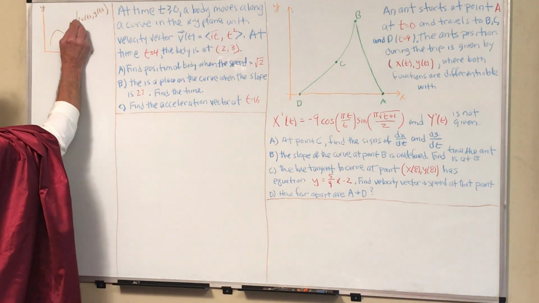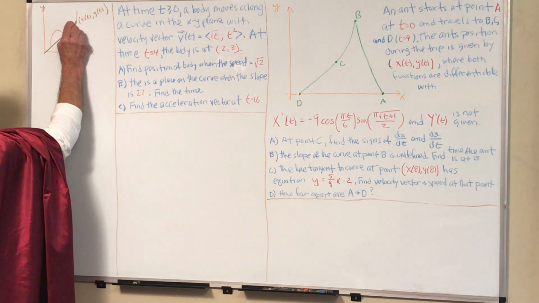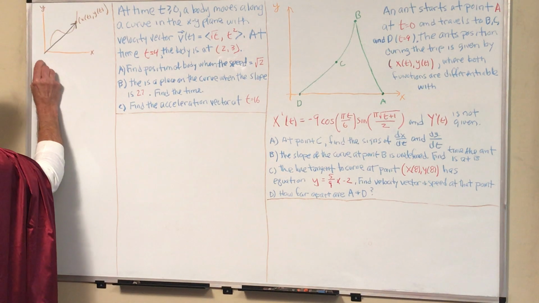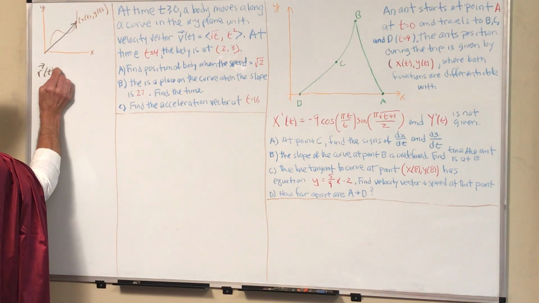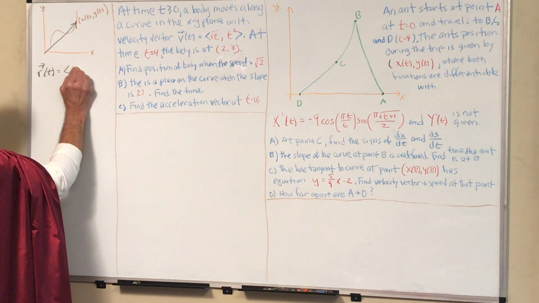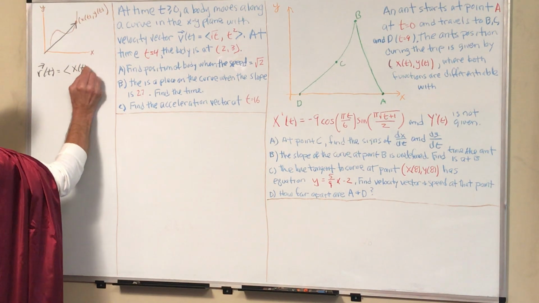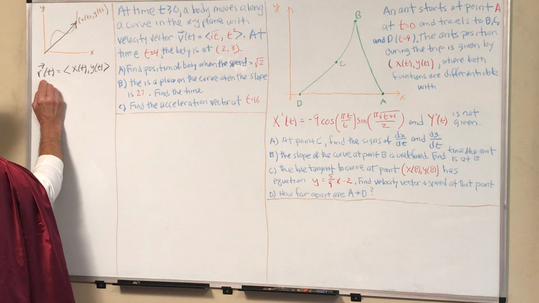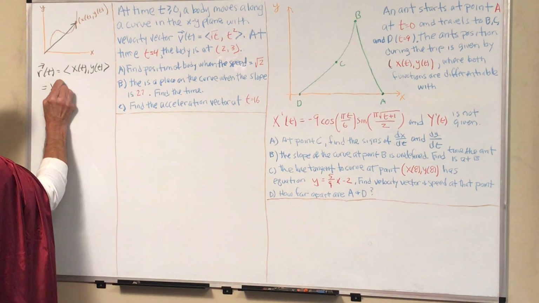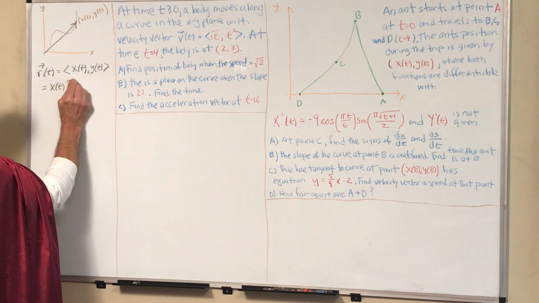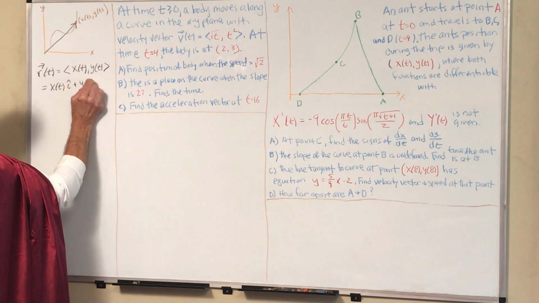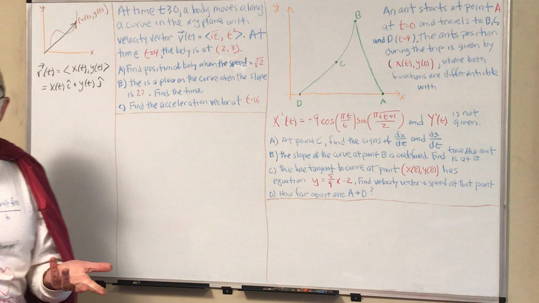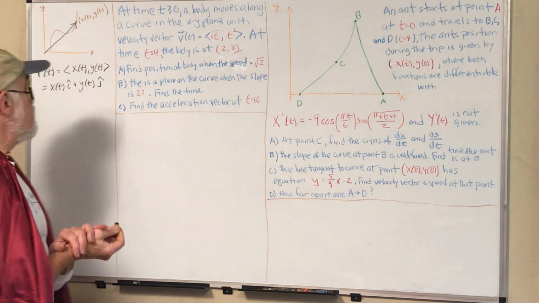So you could have a vector coming from the origin, and that vector could be called r of t. And that could be x of t, y of t. Or, if you like, x of t i plus y of t j. Just kind of letting you know what might come in the future.